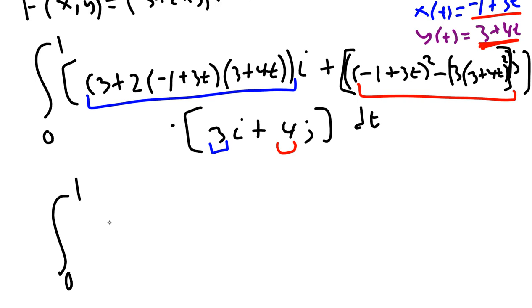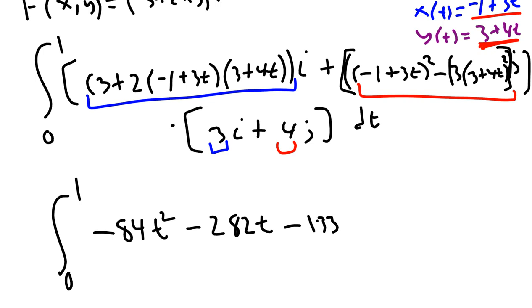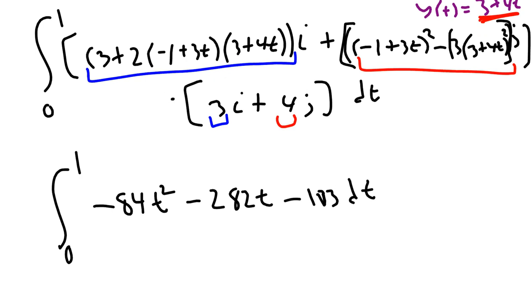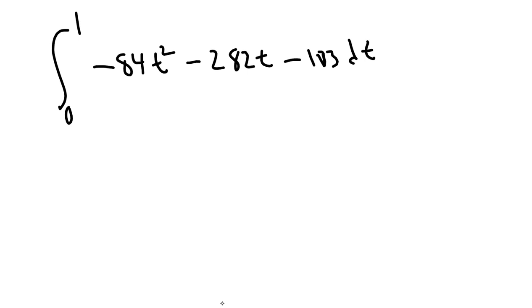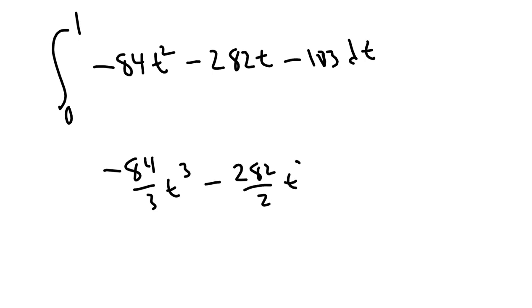I ended up getting this: negative 84 t squared minus 282 t minus 113 dt. The numbers might not be nice to deal with, but that is a pretty straightforward integral. If we do our antiderivative, you get negative 84 over 3 t cubed minus 282 over 2 t squared minus 113t, forgive me, evaluated from 0 to 1.